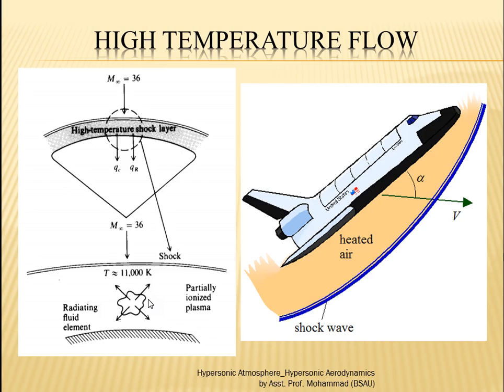This very high temperature sometimes can be good enough to cause molecular dissociation of the flowing gas. This gives rise to the complex situation that at these elevated temperatures, the concept of a calorically perfect gas doesn't remain valid. That's the problem. The assumption of constant thermodynamic properties gives unrealistic estimation.